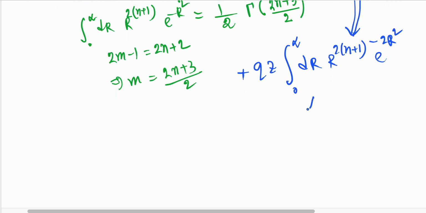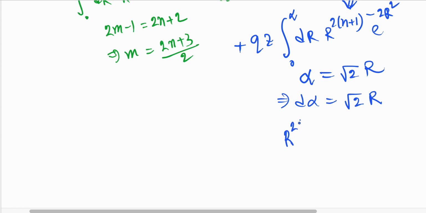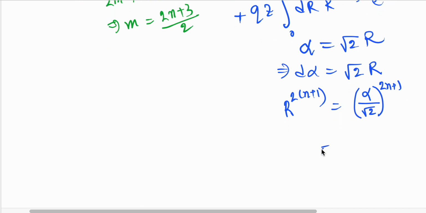Now if we take alpha equal to root 2 r, that means d alpha will become root 2 dr, and r to the power 2n plus 1 will become alpha by root 2 to the power 2n plus 1, so that is 1 by 2 to the power n plus 1 alpha to the power 2n plus 1.